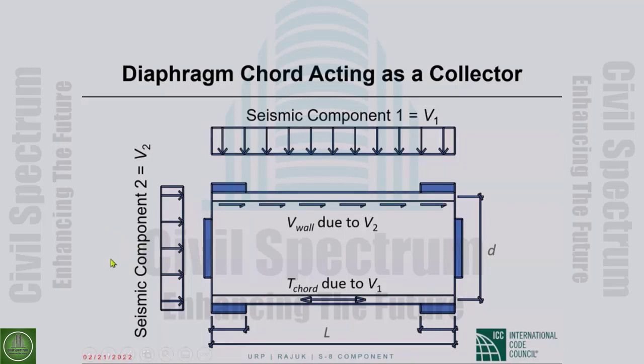For this direction of earthquake forces from left to right, those are now the collectors. The elements that were cords for the perpendicular earthquake direction are now serving as collectors, and the elements that were collectors before will now serve as cords. So these are interchangeable roles. A cord can serve as a collector, and a collector may serve as a cord.